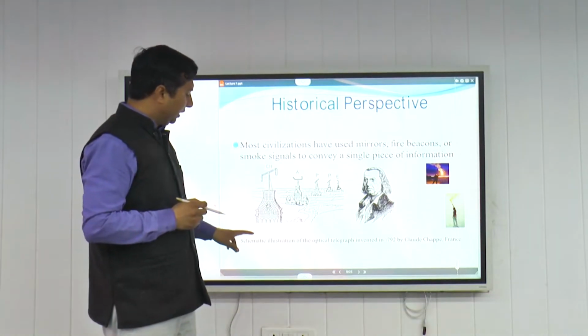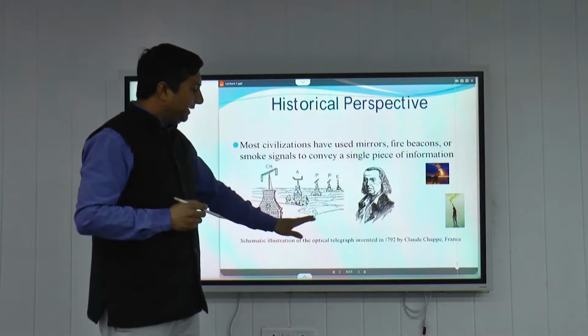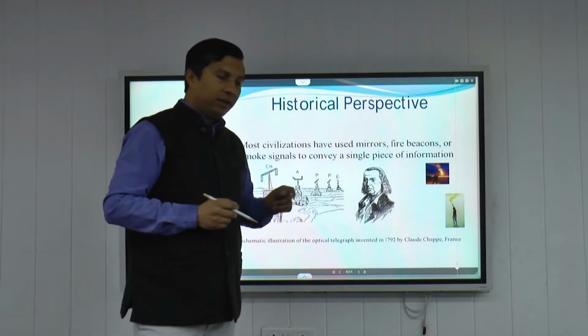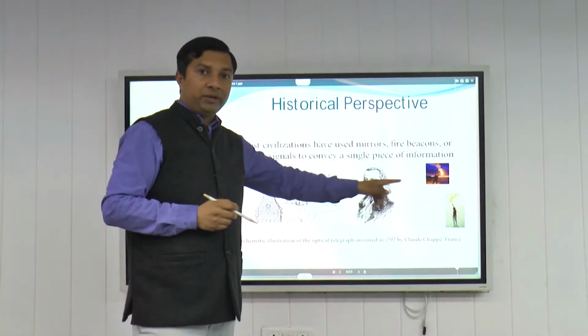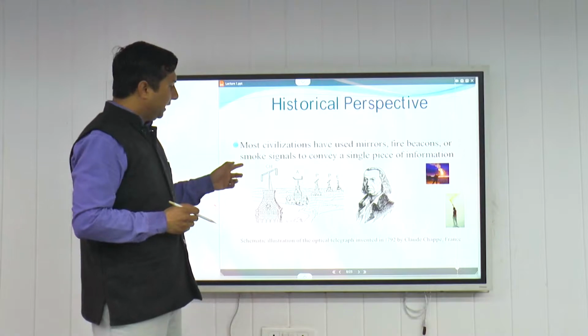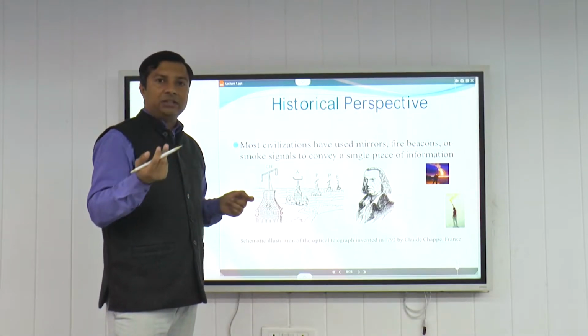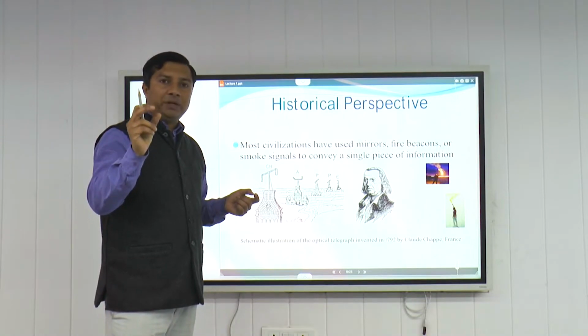Similarly, there was an optical telegraph that was invented by Claude Chappé in 1792 in France, and it was a simple telegraph that could transmit your information through simple optical signals.